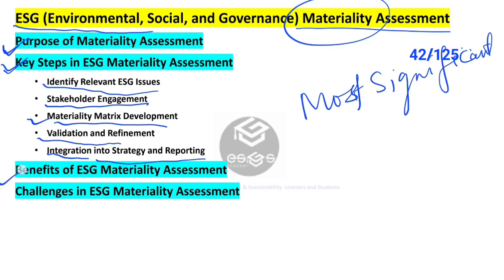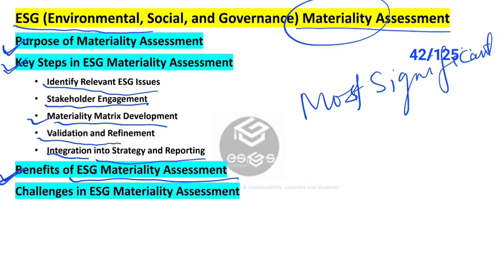The next discussion is about the benefits of ESG materiality assessment. What will be the benefits? We focus on key issues, prioritizing the resources and efforts on ESG issues that are most significant to stakeholders and the organization's long-term sustainability. Also, the benefit is risk mitigation.